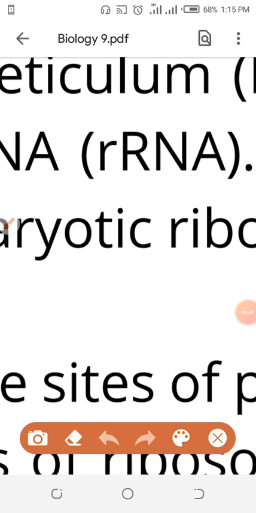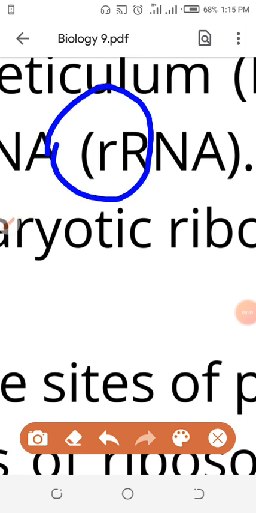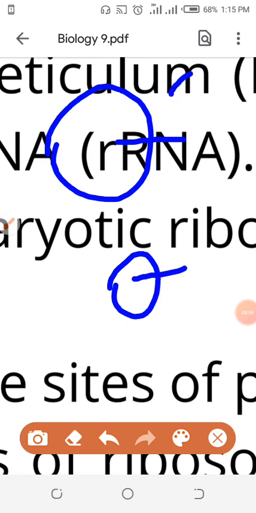Yes, this is a very good question. The large ribosomal unit and the small ribosomal unit are both composed of ribosomal RNA. Now you are getting the true idea of how RNA helps in making the structures.